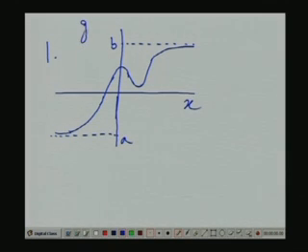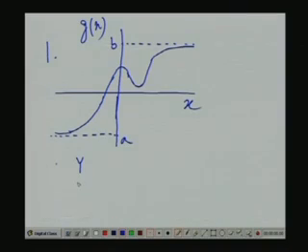This is g x, which is equal to y. Now, you have to find out the probability distribution f y y.